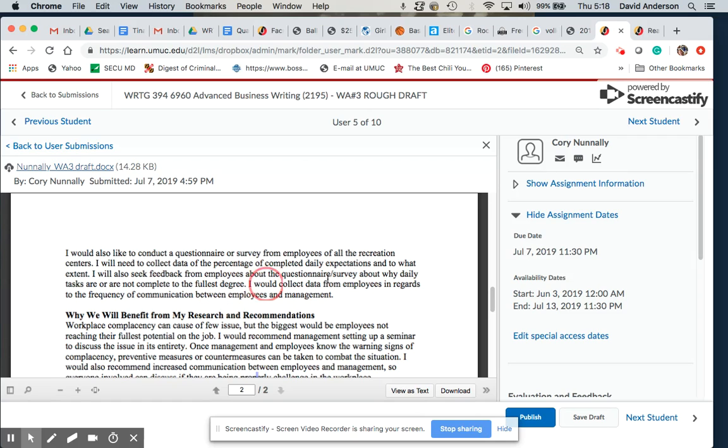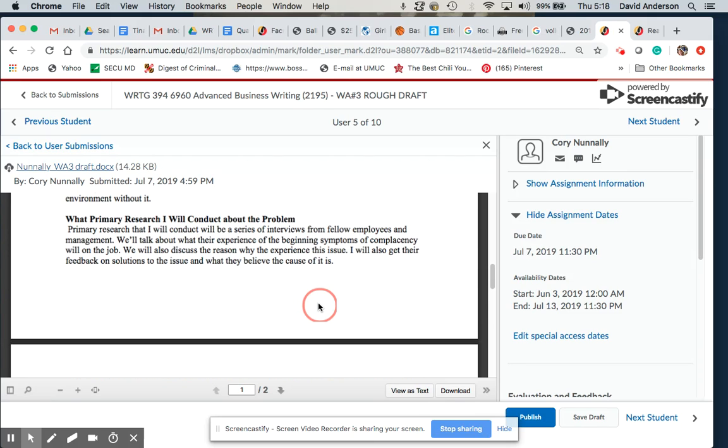So maybe a scale kind of survey where employees can tick off 1 to 5, or check the box 1 to 5. And then the interview questions. What exactly are you looking for? You're looking for how happy they are, or how much effort they put in.